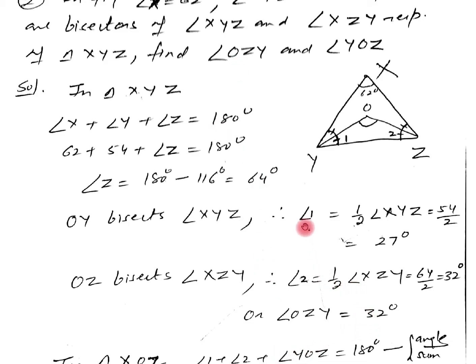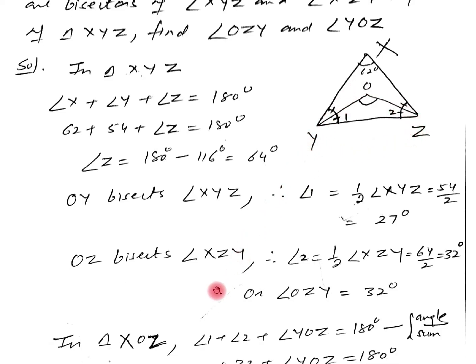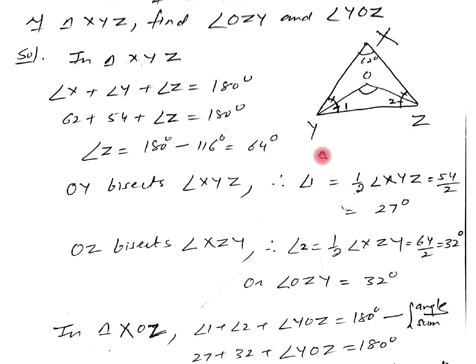Now we have to find out angle YOZ. So I am considering this triangle. In the triangle YOZ, just correct it, angle 1 plus angle 2 plus angle YOZ equals 180 degrees, again by the angle sum property of the triangle.